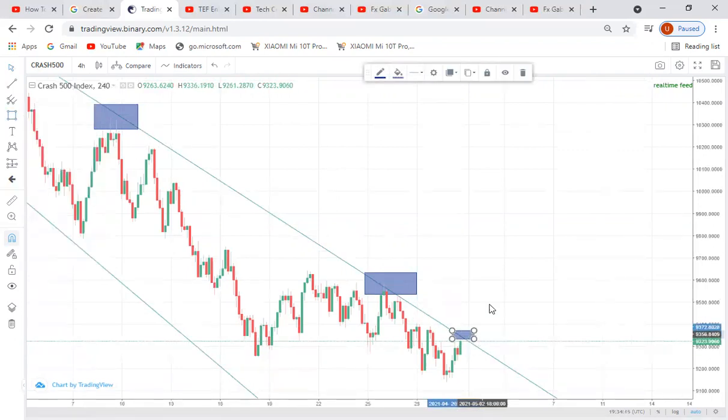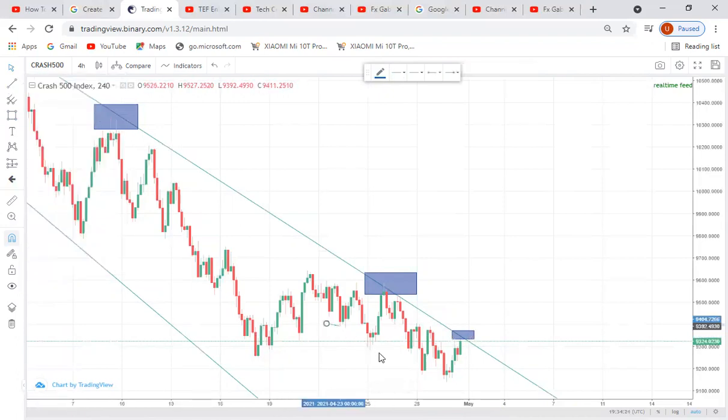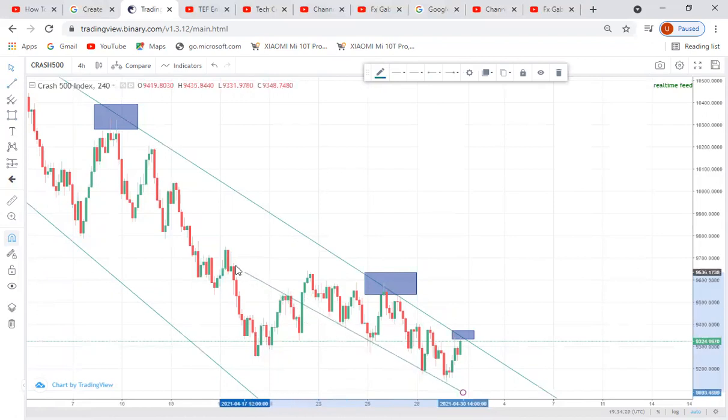Since price is coming here, you can see that from this zone we had price, and we also had another trend from this level.